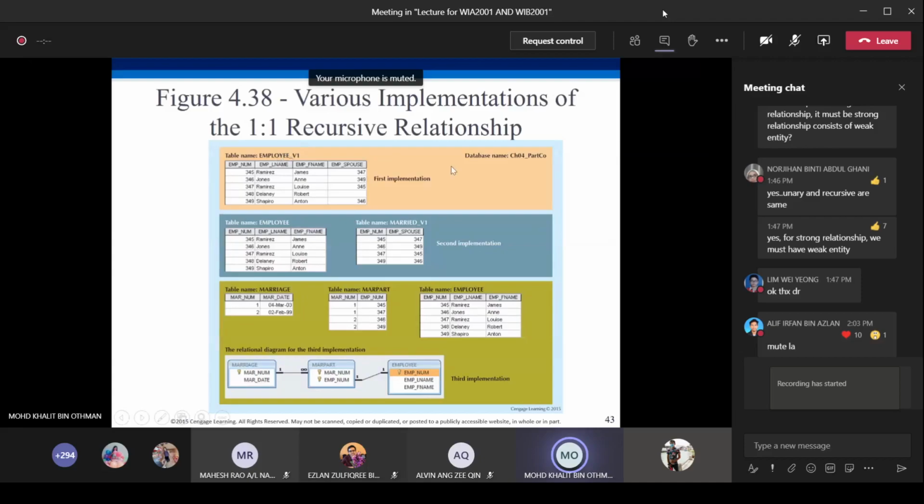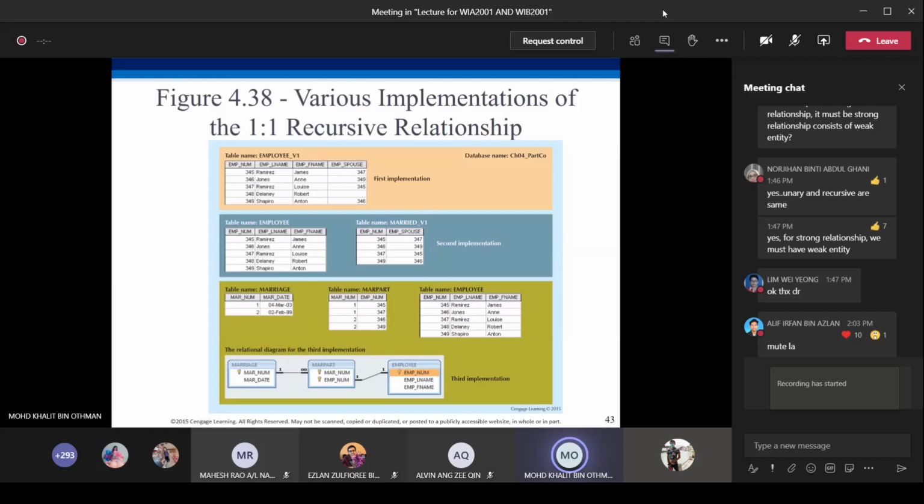So employee is the entity, and in the second, we split the employee into two entities, which is two tables: employee and marriage table. For the first implementation, we stored all the information in one table.